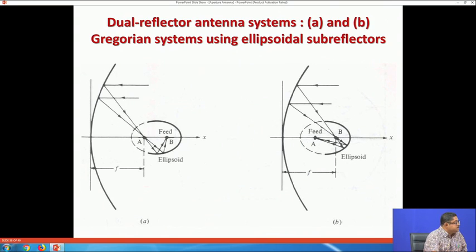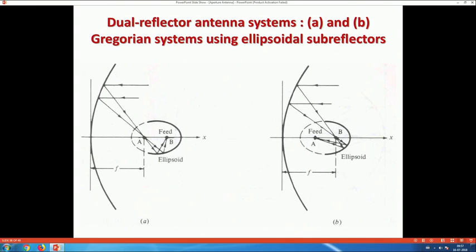Now, these systems are called Gregorian systems. Actually, these are all present in optics. When lenses were developed, one famous optician Gregory, after his name it is named. So, they use ellipsoidal subreflectors. In the Gregorian system, we can summarize that rays from the feed get reflected by the subreflector.